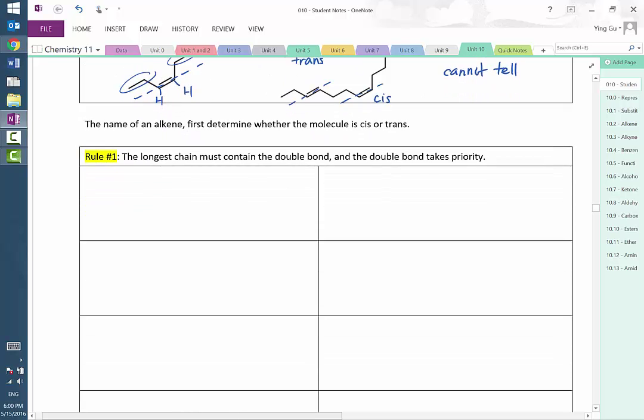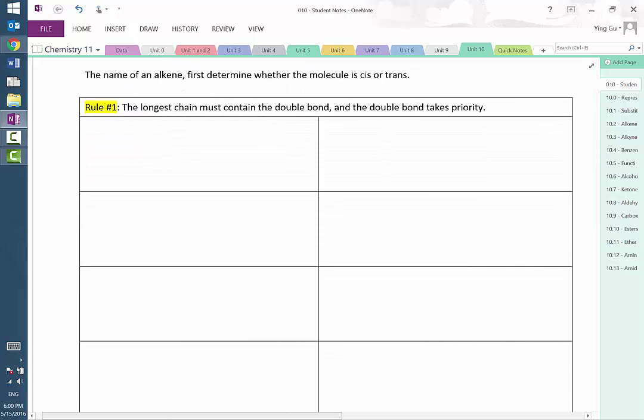Okay. Now let's go and learn how to name alkenes. Let's do a simple one first. When we name alkenes, the main parent chain must contain that double bond, and that double bond takes priority. Now, what priority means is that when you go ahead and number the chain, we have to number it in a way such that the double bond receives the lowest number.